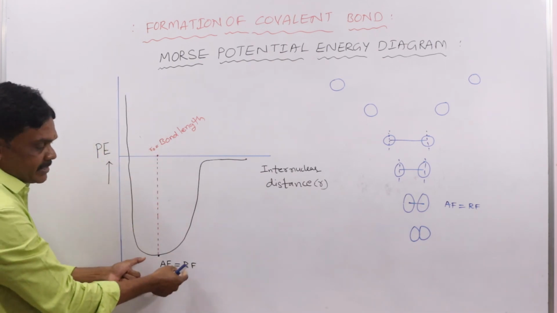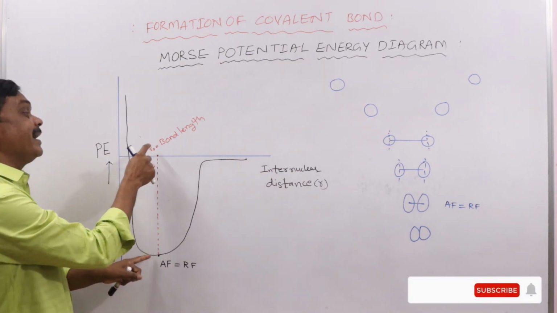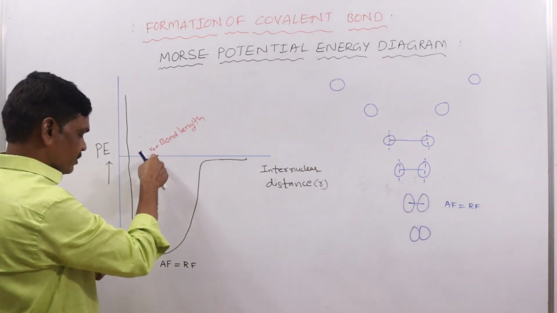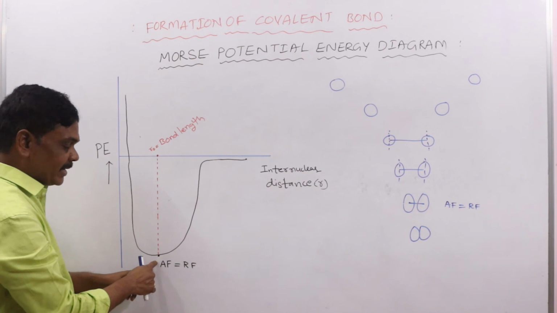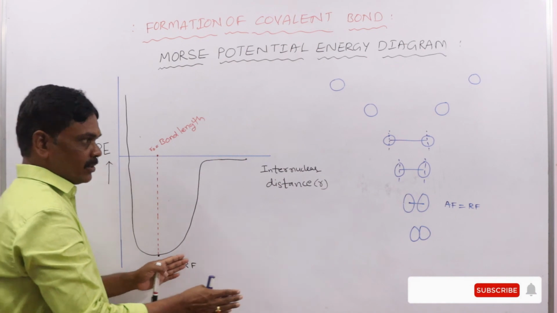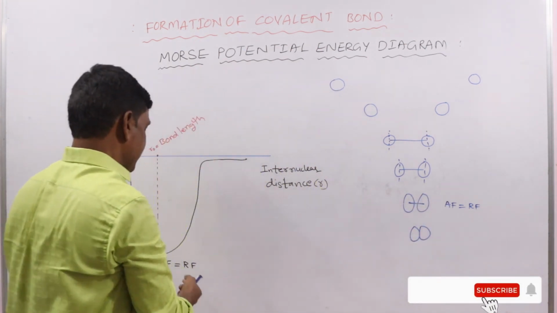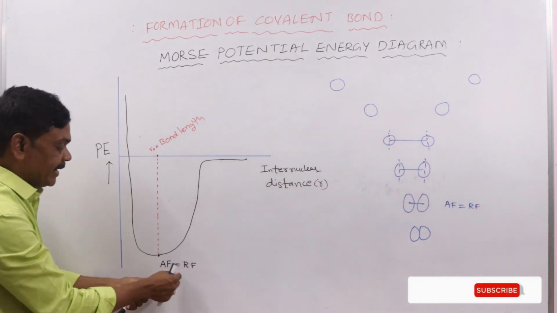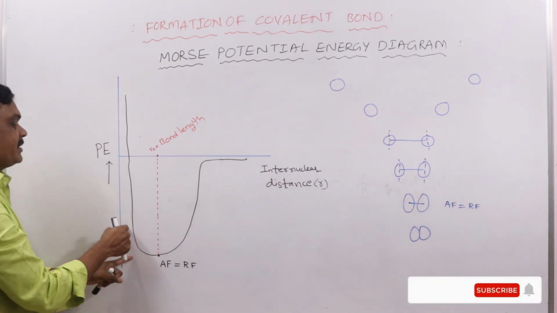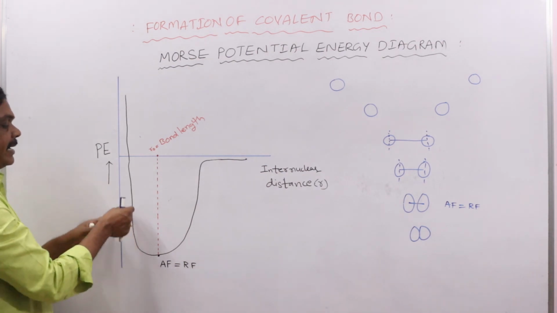The minimum point, R naught, is the bond length, the minimum potential energy of the system. So when repulsive forces dominate over attractive forces, the potential energy slowly increases.